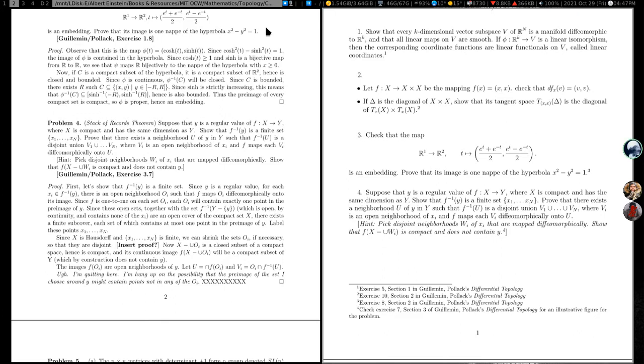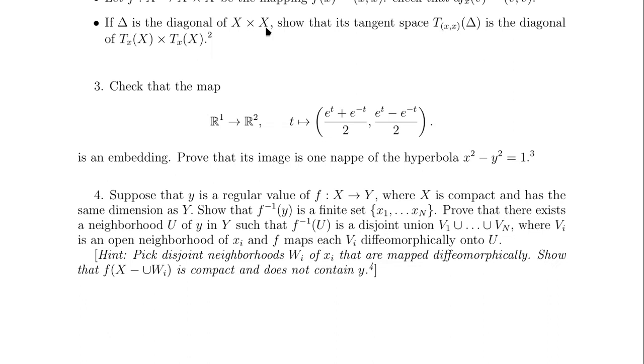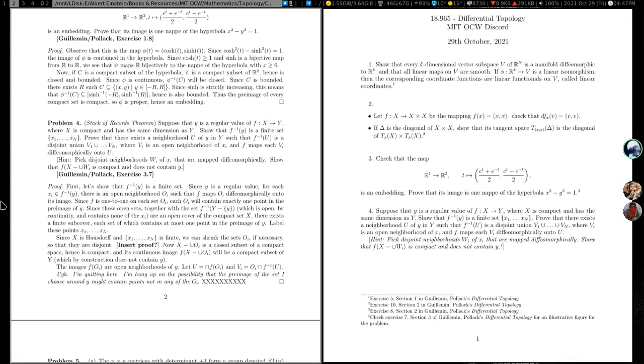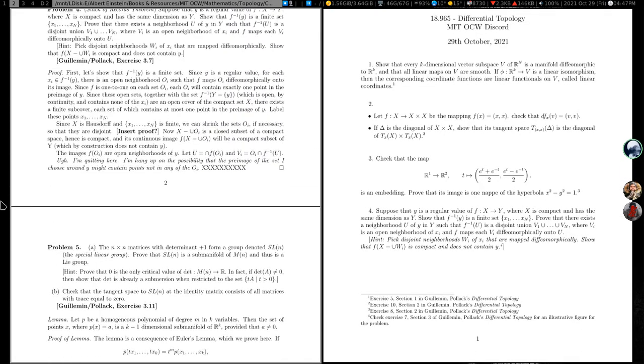So the third one is about the embedding of R1 into R2 by this map, which takes this t into this, right? And you have to prove that its image is one nappe of the hyperbola. Of course, we have JP's probably almost there solution.